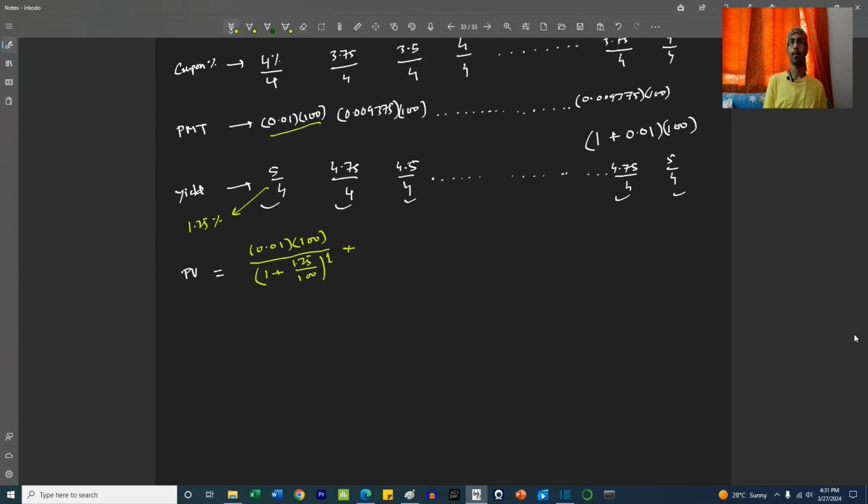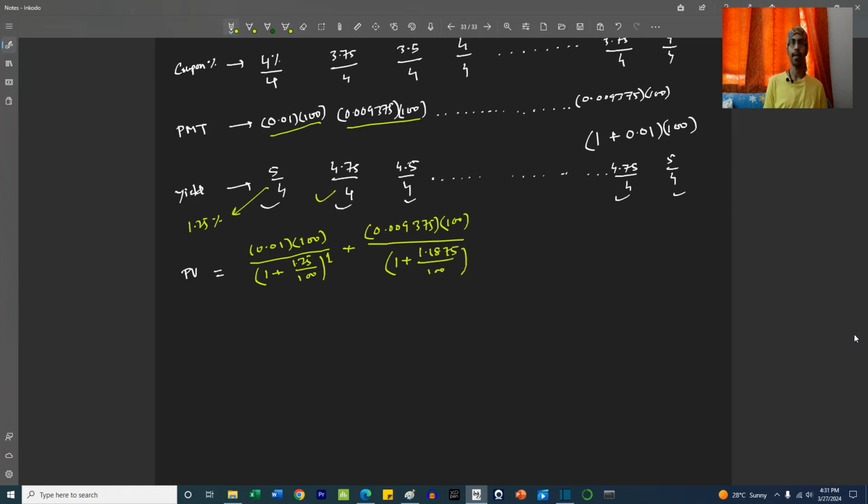For the second period, we can write the periodic payment 0.009375 into 100 by 1 plus 4.75 by 4, the second value we will be taking. So this is 1.1875 by 100.